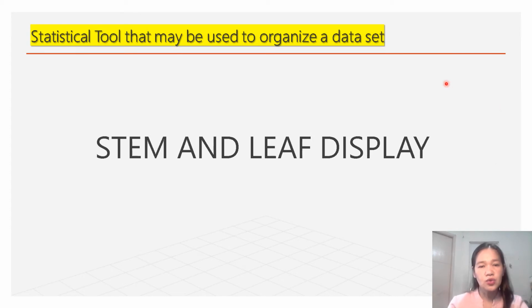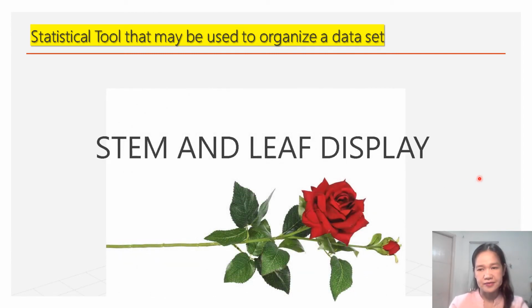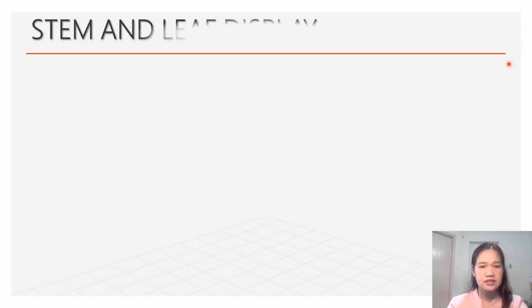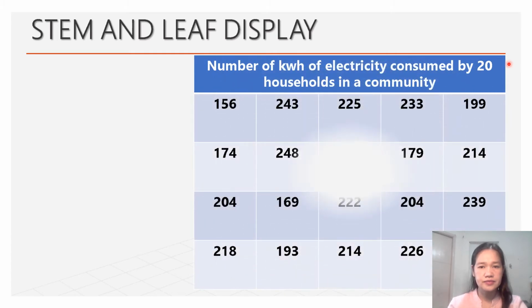One tool for organizing a data set is what we call the stem and leaf display. So the data set, when using stem and leaf display, this raw data is the number of kilowatt hours of electricity consumed by 20 households in a community.